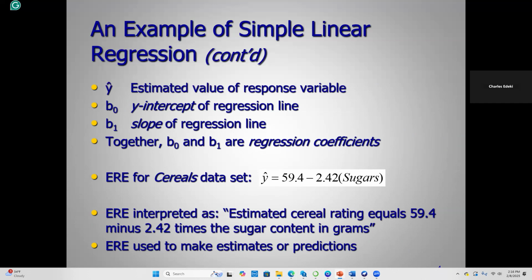If we interpret it, the estimated cereal rating equals 59.4 minus 2.42 times the sugar content in grams.